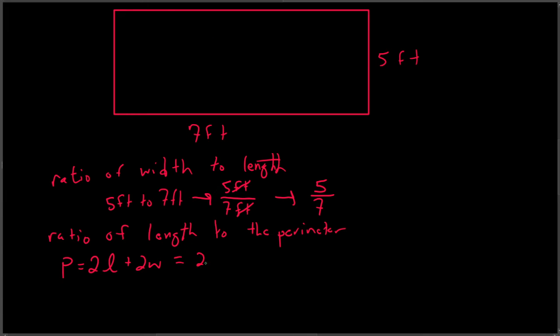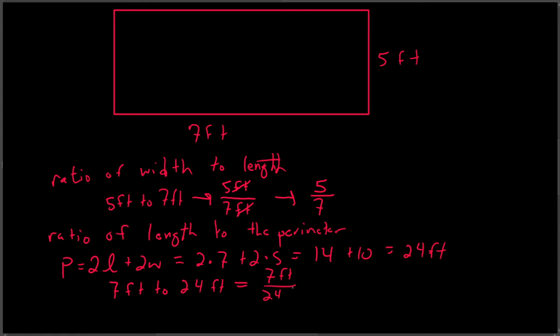So this is equal to 2 times 7 plus 2 times 5, or 14 plus 10, or 24 feet. And so the length to the perimeter is 7 feet to 24 feet, or 7 feet over 24 feet, or 7 to 24.